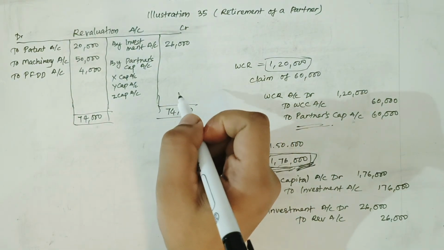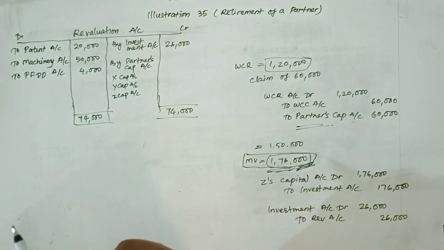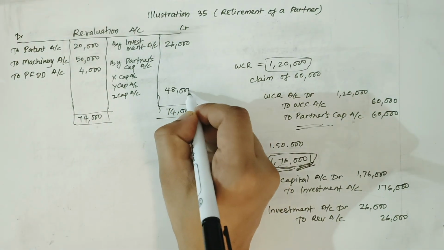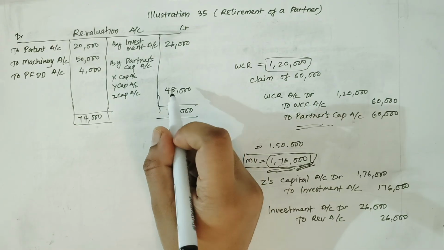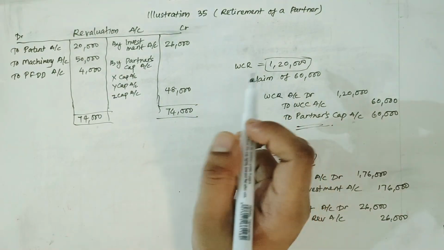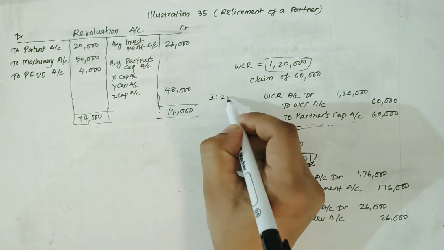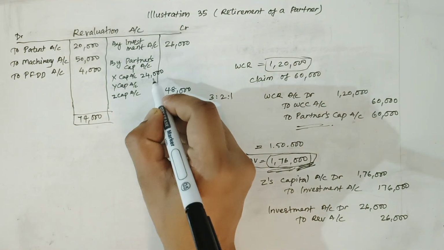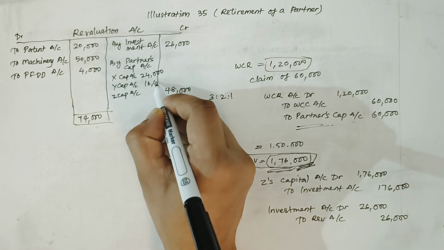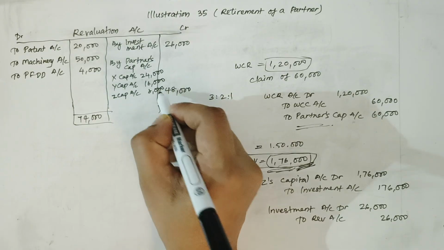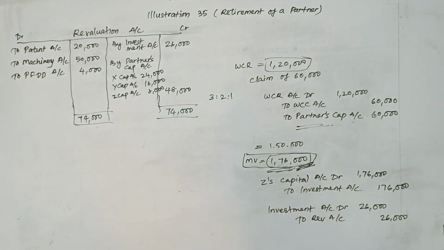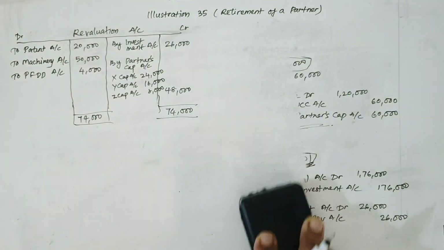Okay, there is a loss of 48,000. And this 48,000 will be distributed among the partners in their old profit sharing ratio, which is 3:2:1. That is 24,000, 16,000, and 8,000. It's a revaluation loss. That's all in the revaluation account.